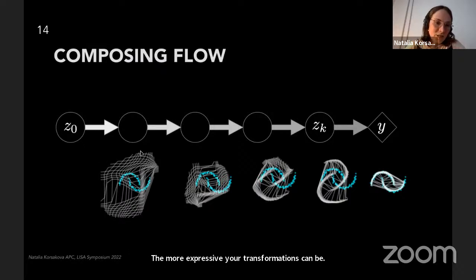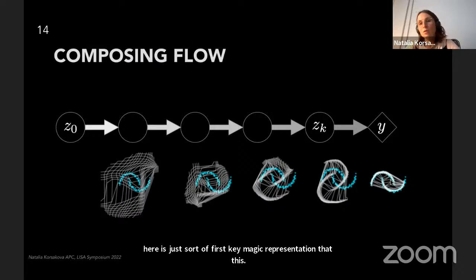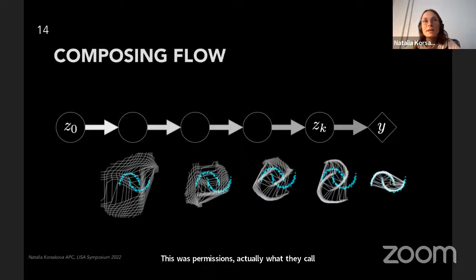Here is a schematic representation of what these transformations do: they estimate the surface. They start from a flat surface, then they curve it, and you get the surface of your posterior distribution.